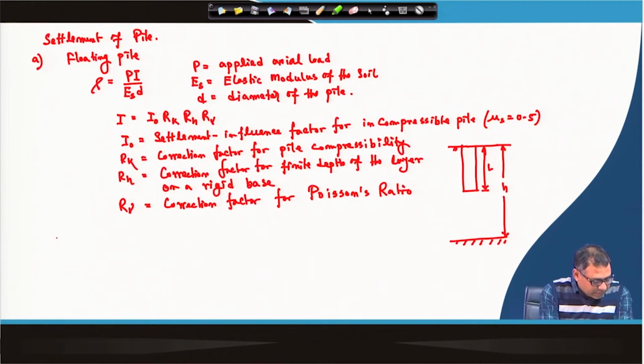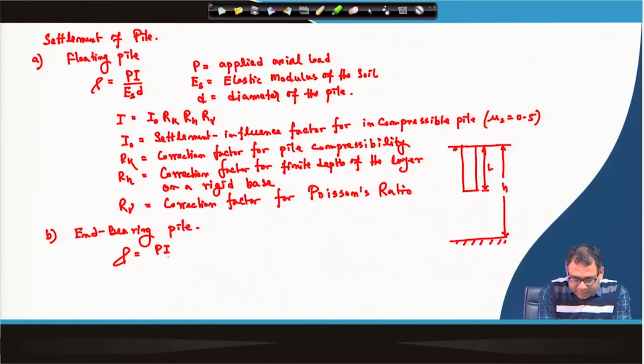Now, similarly for the end bearing pile, again we can write a similar expression, pi I by E s d, where I is equal to I 0, R k, R b and R nu.